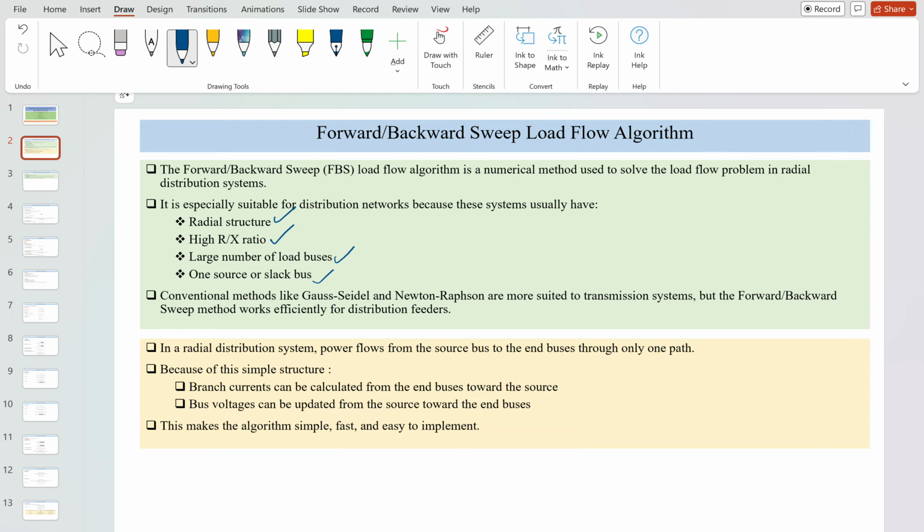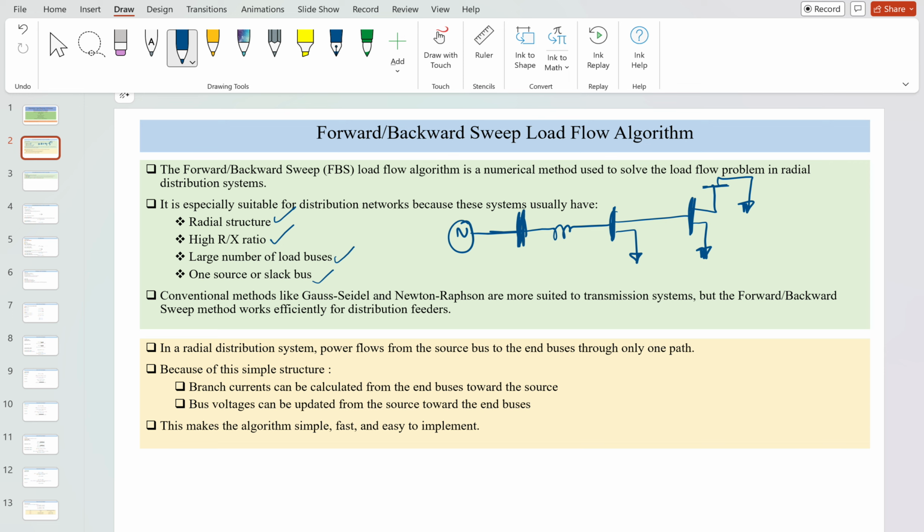When you see the typical network, suppose this is bus 1, there will be one generating source from where the power is coming. After that you have a network, and there will be multiple loads connected. Suppose this is one bus where the loads are connected. After that you have another bus where the loads are connected, and this can be connected to some other bus where the loads are connected.